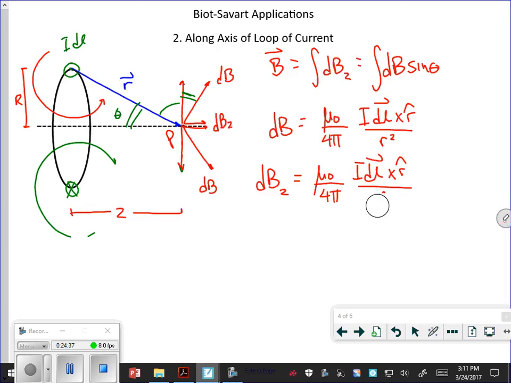That's an r times the sine theta. All of our dl vectors and r vectors are still perpendicular.